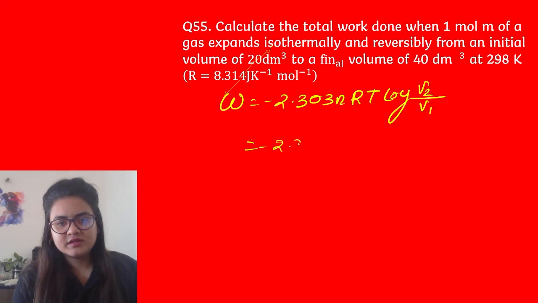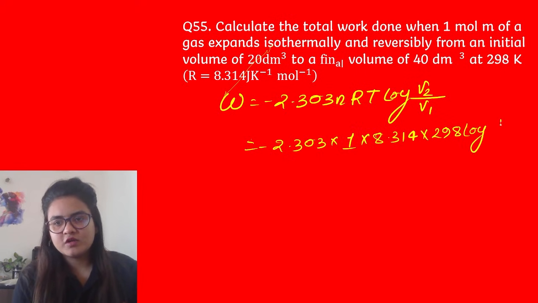Minus 2.303, n here is 1 mole, right? So 1, R value is 8.314. Okay, temperature is 298 Kelvin. Okay, log V2 is 40 divided by V1 is 20. Got it?